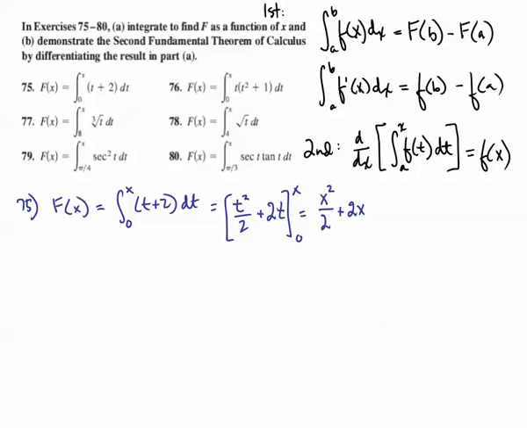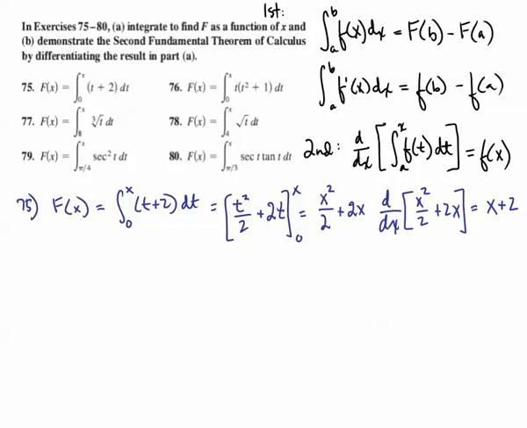That's what we've done. Then demonstrate the second fundamental theorem of calculus by differentiating the result found in part A. So now we take the derivative of what we just found with respect to x. We bring down the 2, the 2's cancel, and we end up with x plus 2.